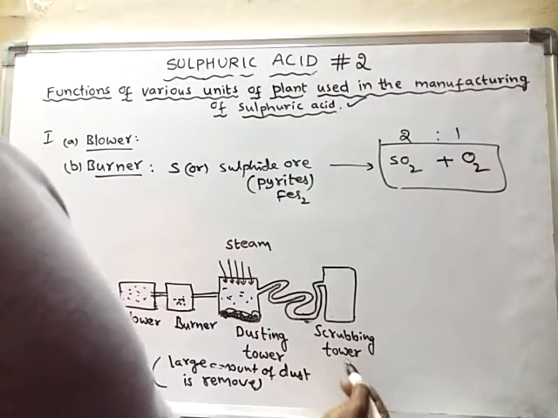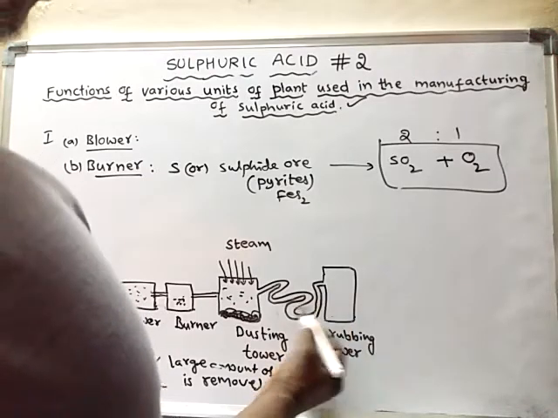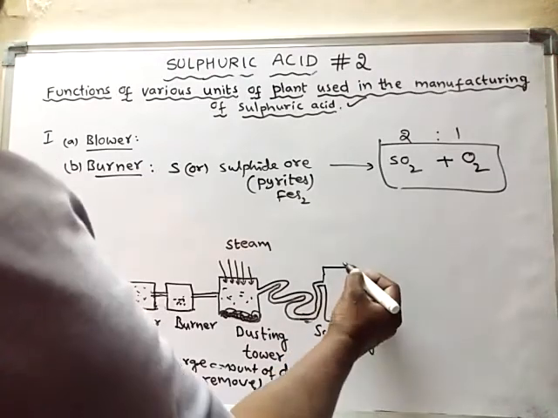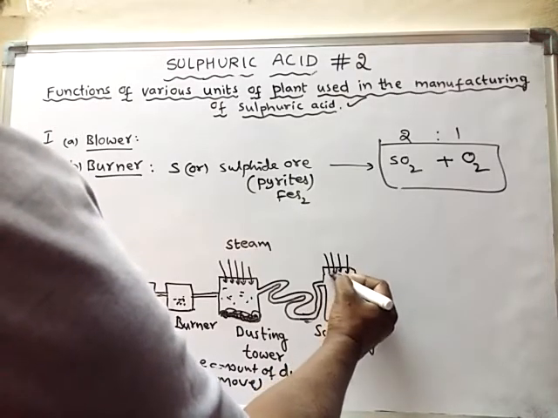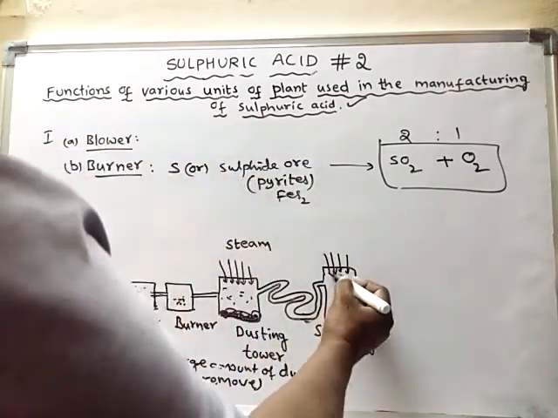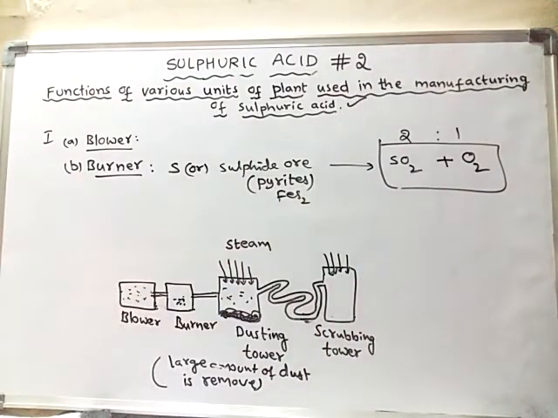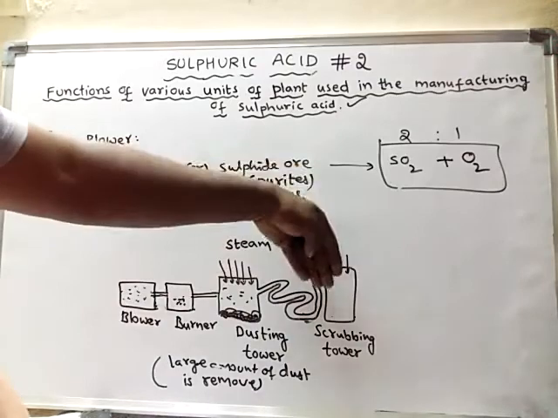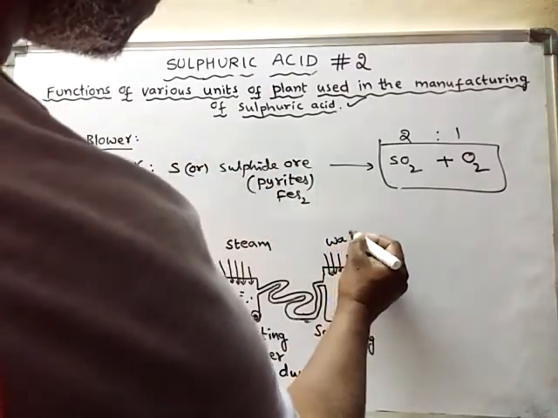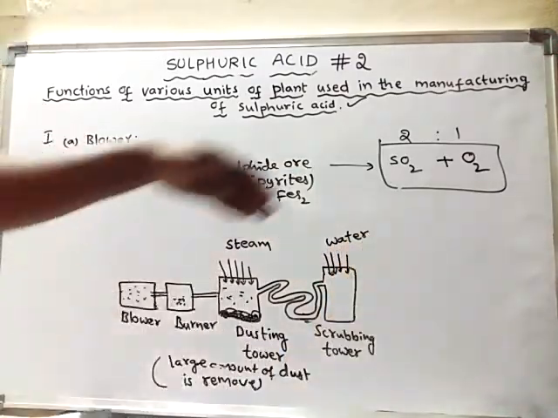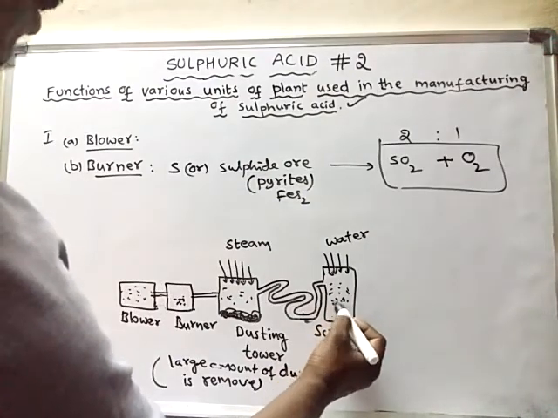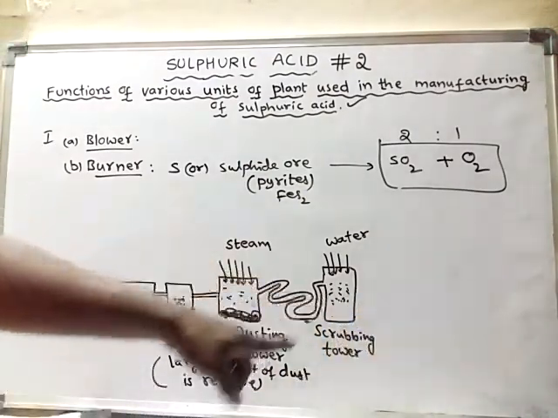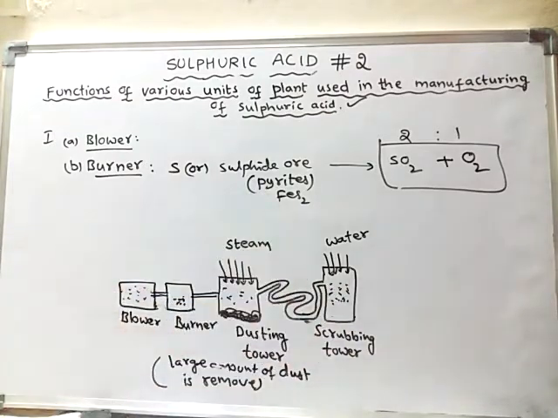Now the gaseous mixture has entered into the scrubbing tower. In the scrubbing tower, water is sprayed from the top. This gaseous mixture still has some amount of dust.